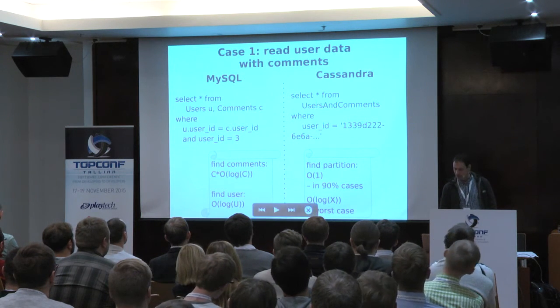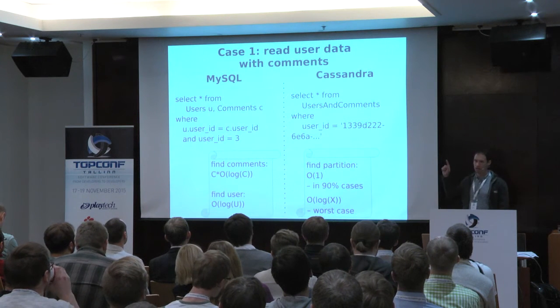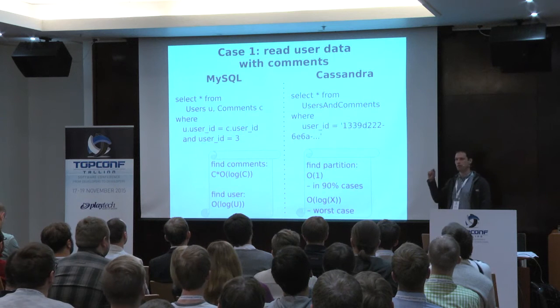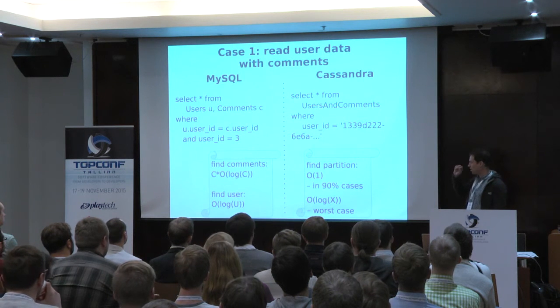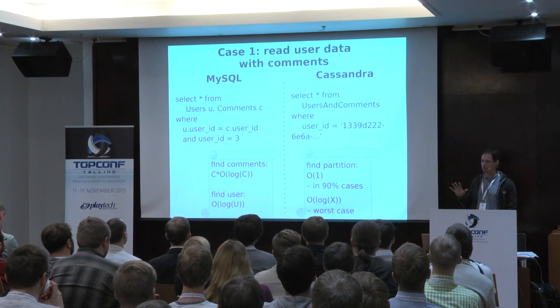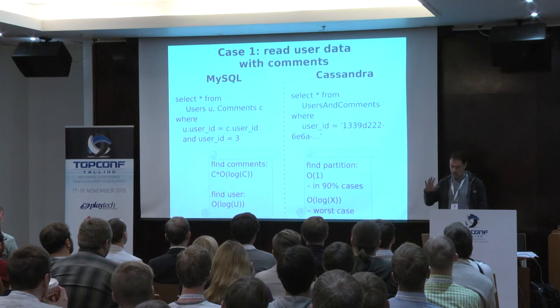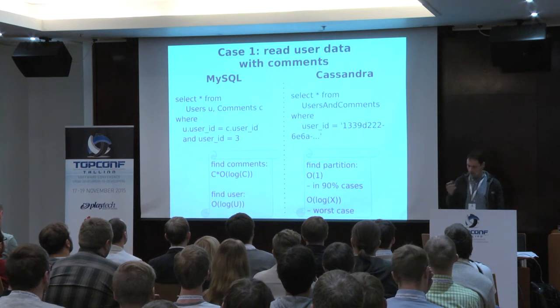In case of Cassandra, we have a pretty similar query, but it's not SQL, it's CQL, which stands for Cassandra Query Language. It's very similar to SQL, but with some peculiarities.